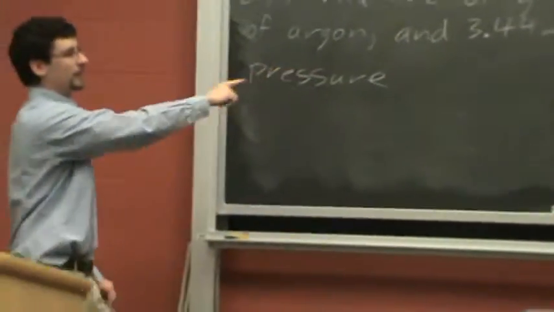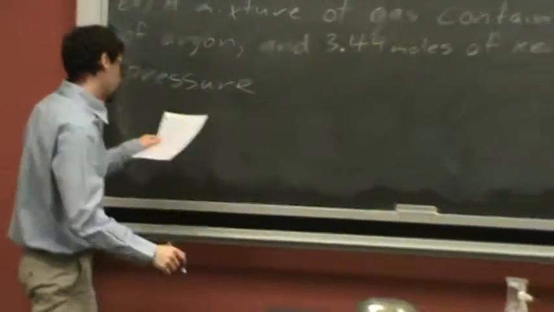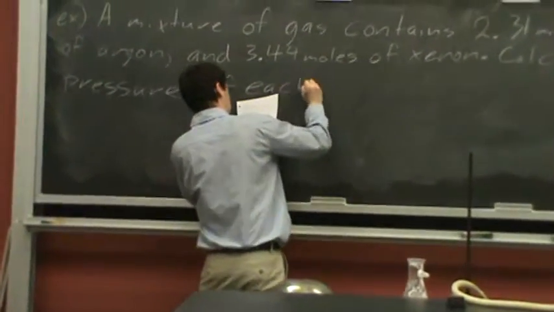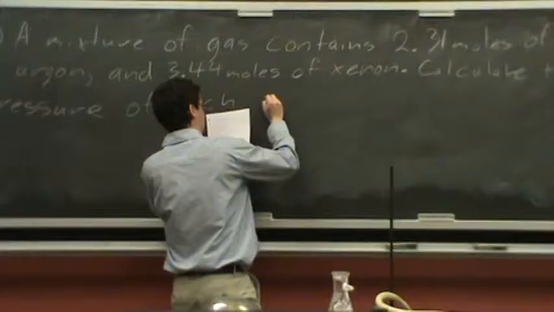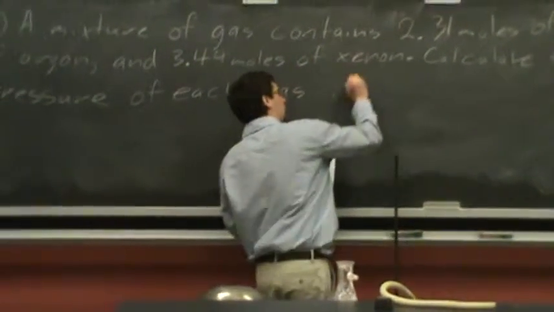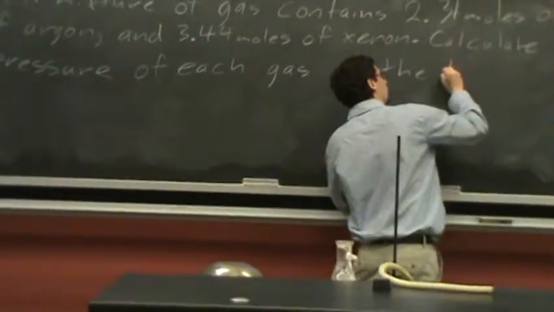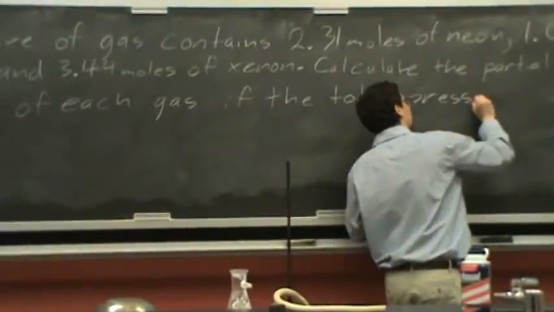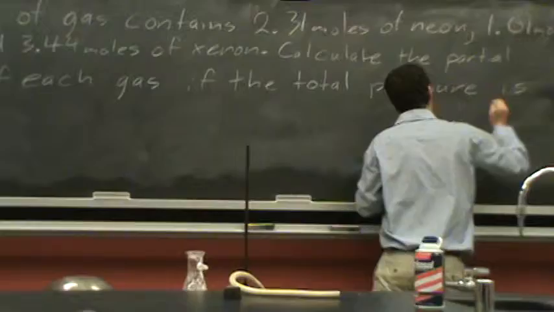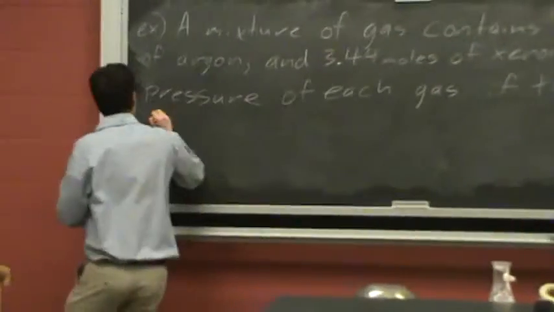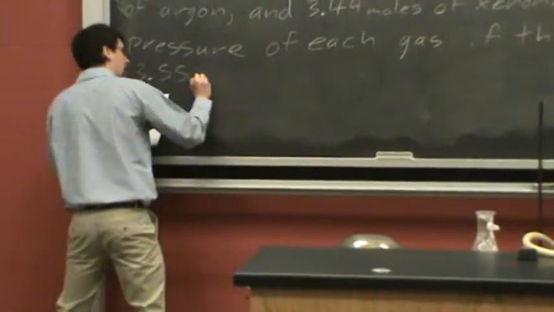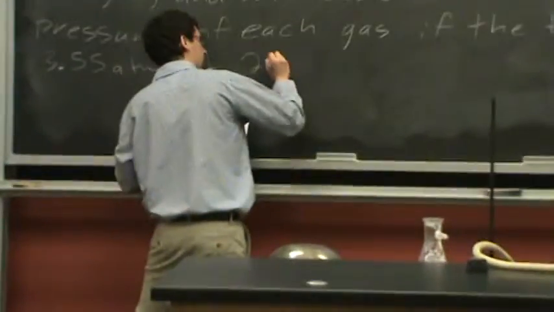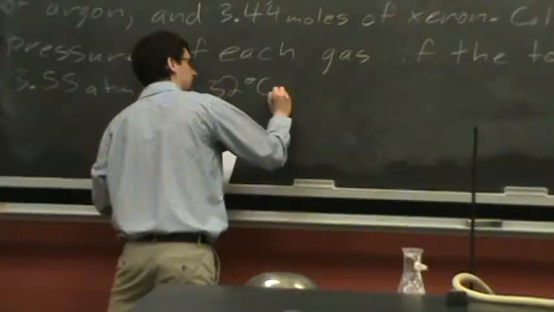So we're going to calculate the partial pressure of each gas, if the total pressure is 3.55 atm at 32 degrees Celsius.